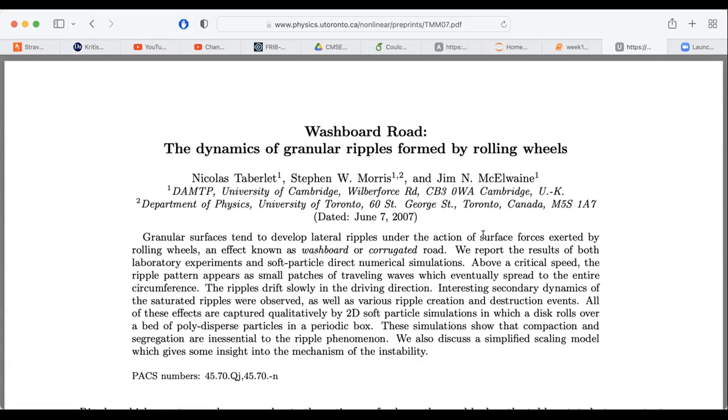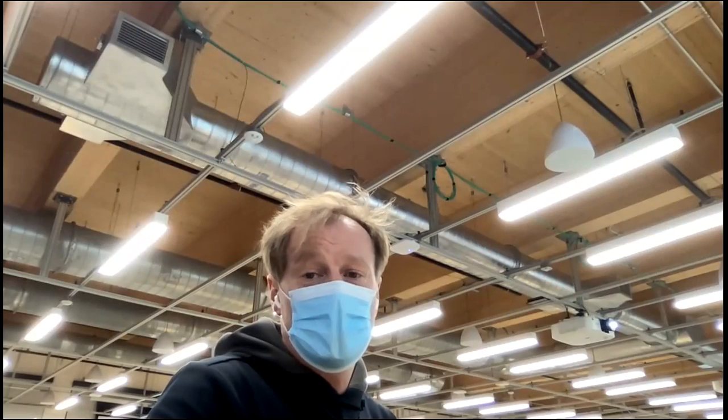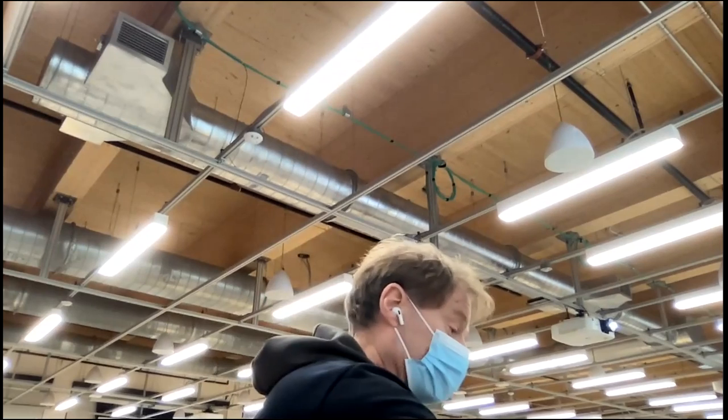In real life, it's not very likely that you can have such a force. So let's try to look at the case of this kind of washboards and why Fourier analysis can be of interest for us. So let's go back to the whiteboard.